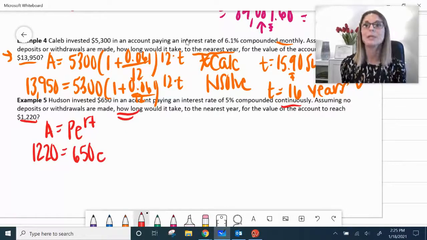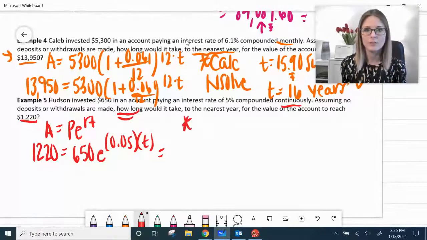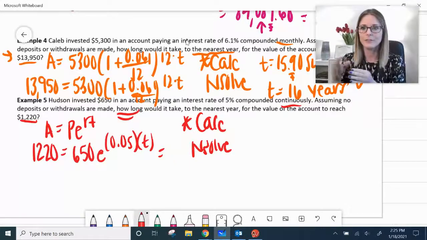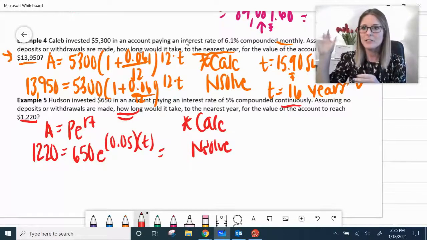E is a number. I'm going to use my calculator to evaluate the E, raised to his rate, 5%, times t. T is my variable, and I don't know that. So another star, calculator, InSolve. I'm going to type in the entire equation: 1,220 equals 650 e to the 0.05t, comma t.